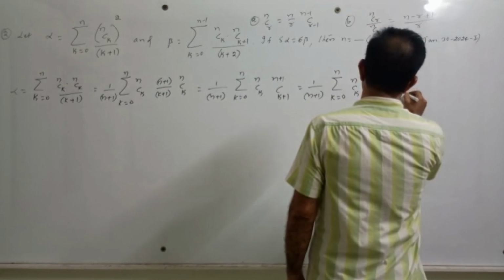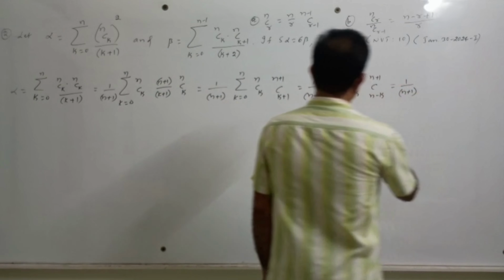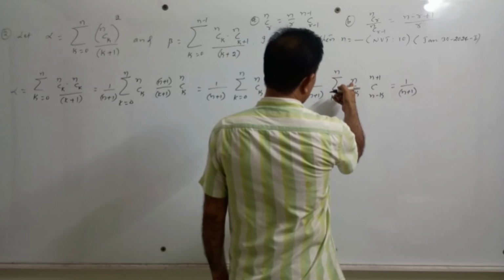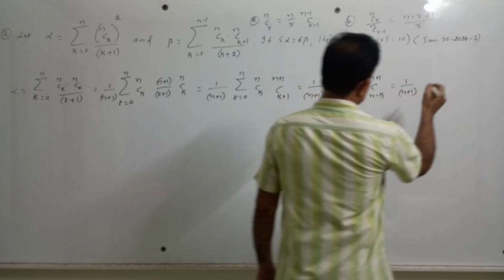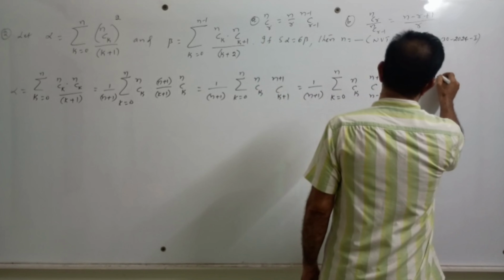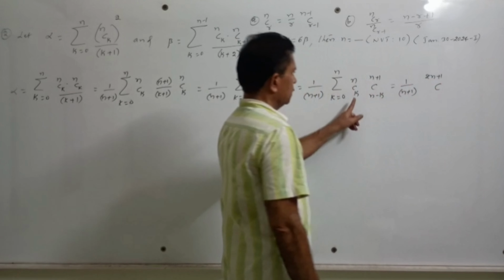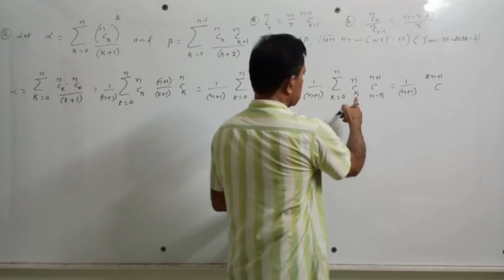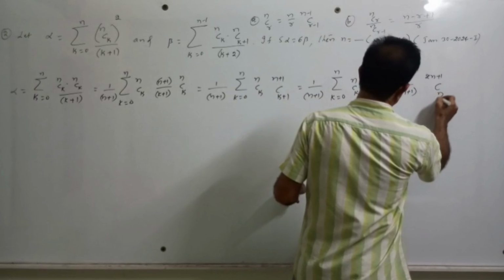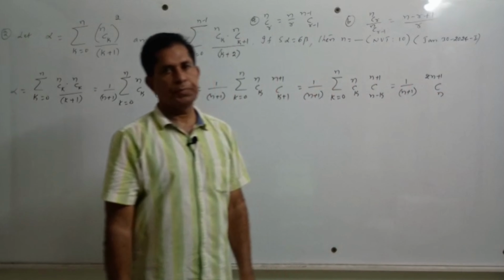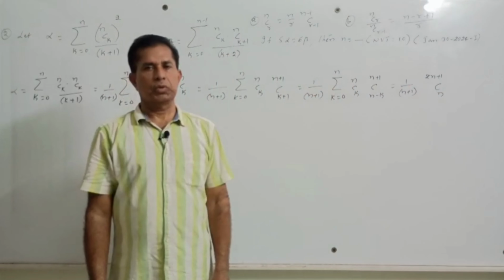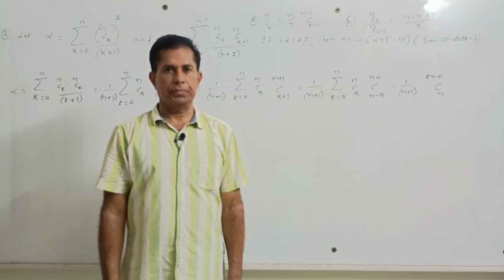This 1 by n plus 1 is written the same, the sum of the upper indices n plus n plus 1, that I am writing 2n plus 1. The sum of the lower indices k plus n minus k, I am just writing n.